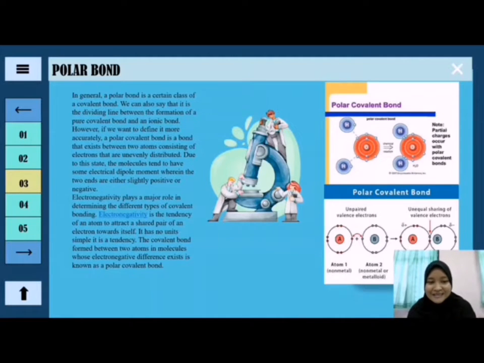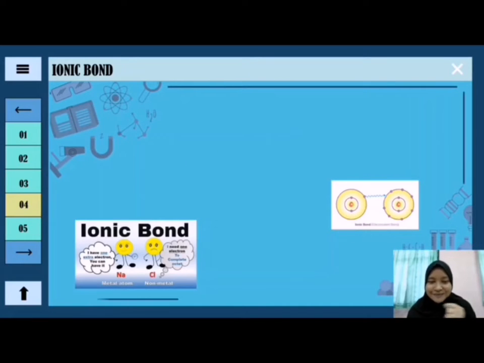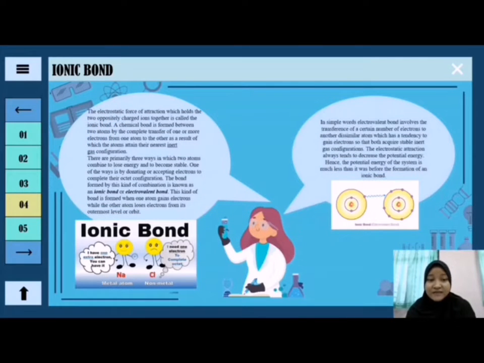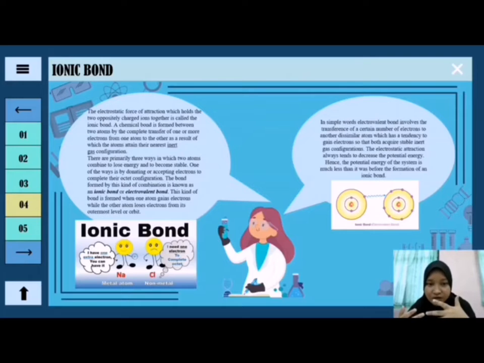And last but not least, ionic bond. The electrostatic force of attraction which pulls the two oppositely charged ions together is called the ionic bond. A chemical bond is formed between two atoms by the complete transfer of one or more electrons from one atom to the other, as a result of which the atoms attain their nearest inert gas configuration.